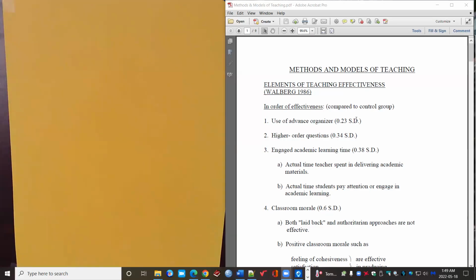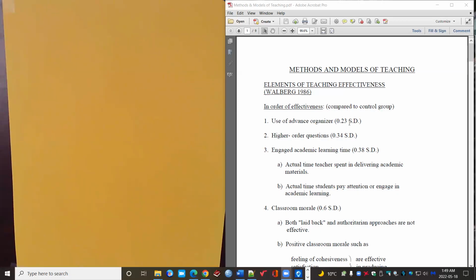All right, is that good? So the larger the standard deviation, the further apart the two groups are. Okay, that's good.